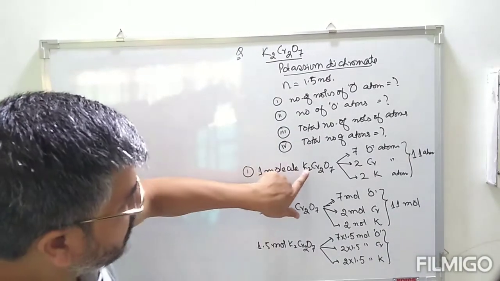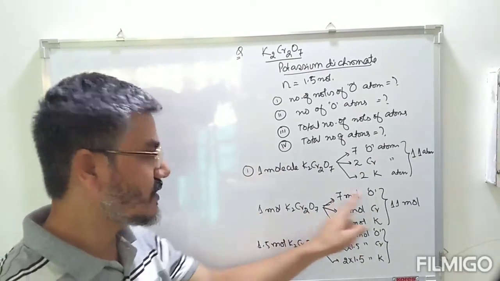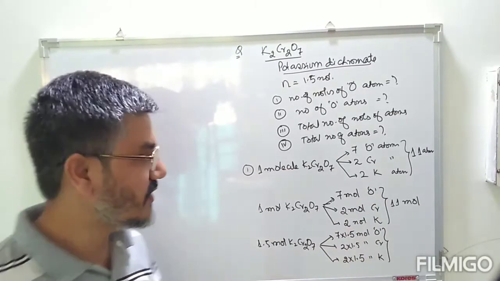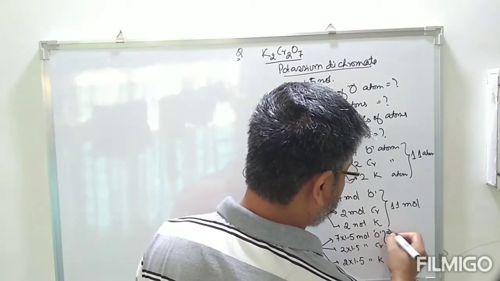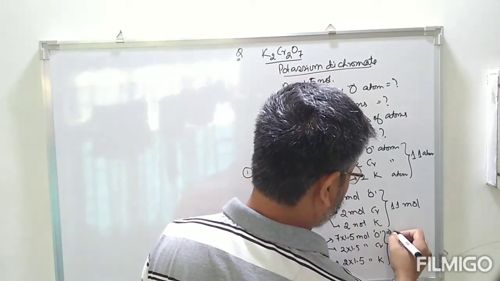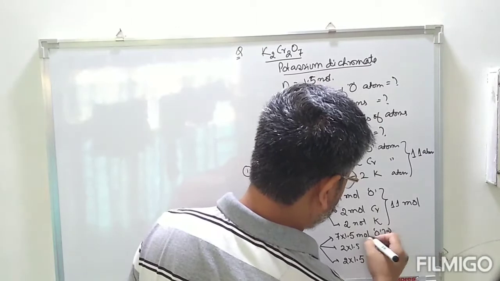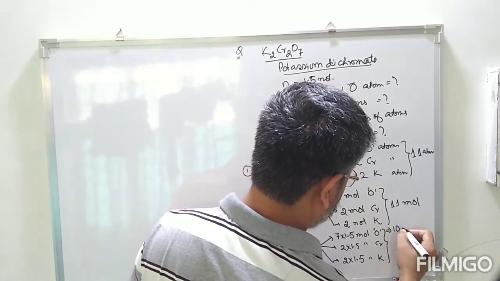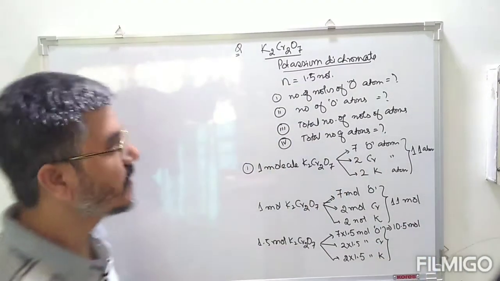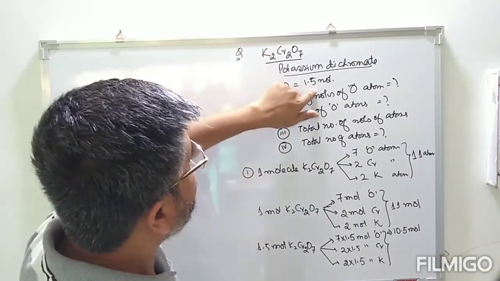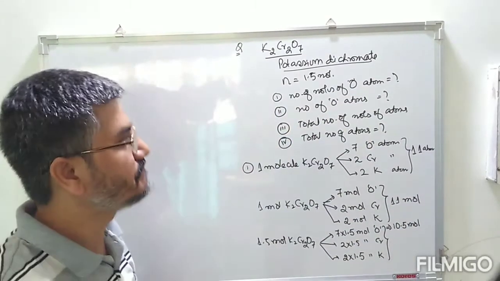One mole contains 7 mole of oxygen, so 1.5 mole will contain 7 into 1.5 mole. So the total number of moles of oxygen is 7 into 1.5, which is 10.5 mole. So 1.5 mole of potassium dichromate contains 10.5 mole of oxygen atoms.